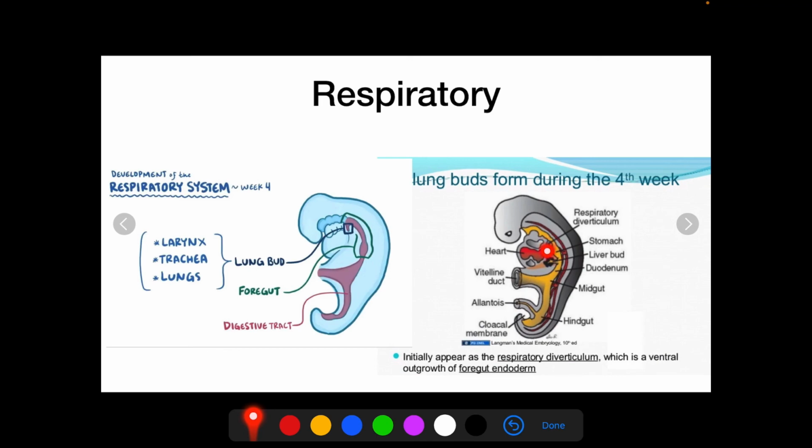So all of the respiratory system originates from the foregut, from the yolk sac, from the endoderm. So the origin of the respiratory tract, lungs, alveoli, bronchi, primary bronchi, all of these, is from the endoderm.